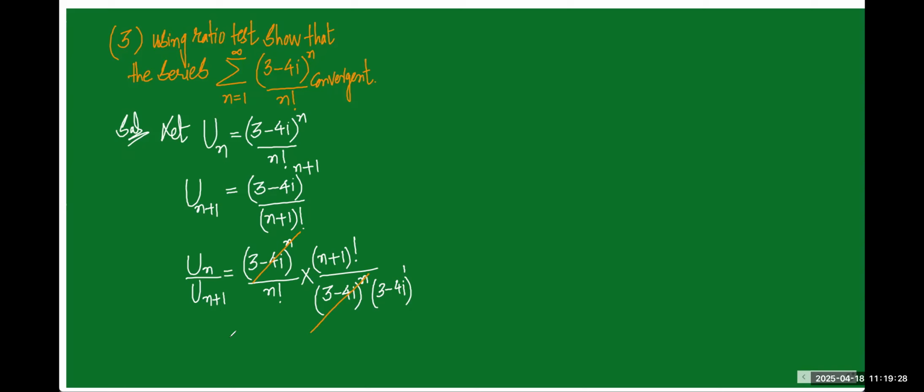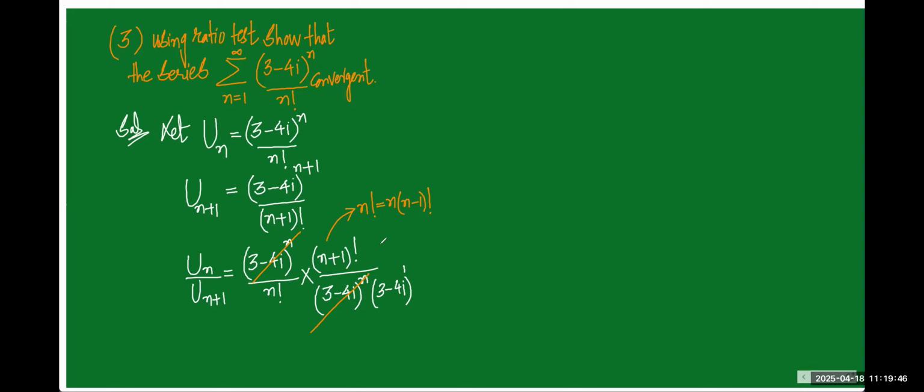Now this formula we also know: n factorial, better to write it here. Here I want to use this formula. N factorial can be written as n into n minus 1 factorial.